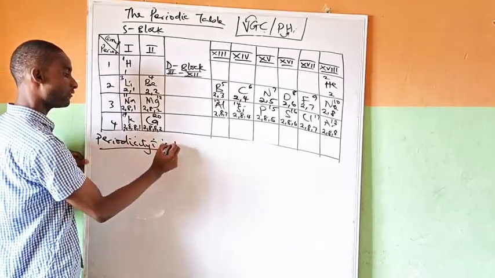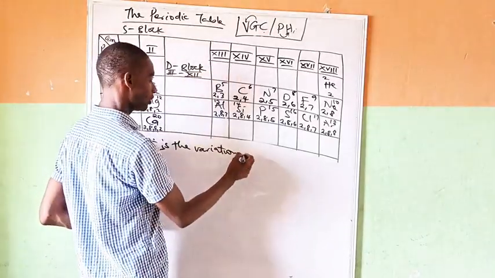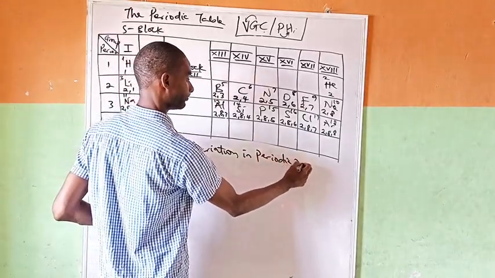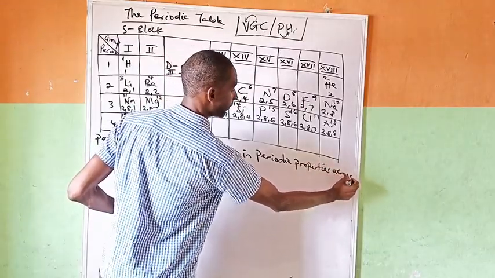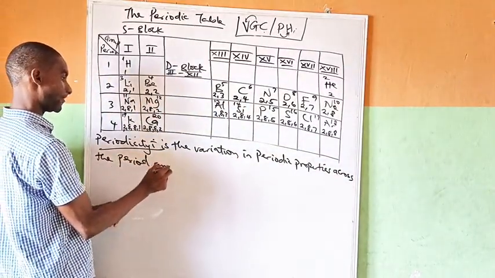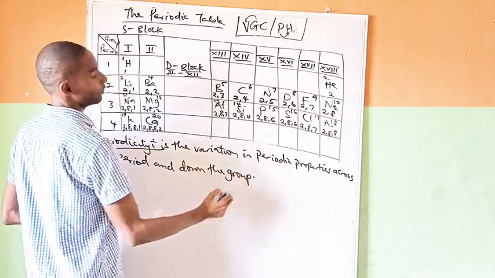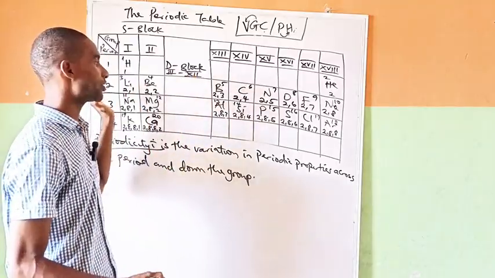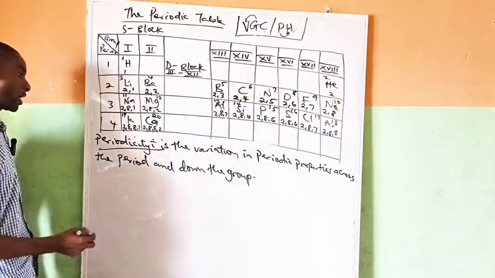Periodicity is simply the variation or changes in periodic properties across the period and down the group. So when you say periodicity, it means how do the periodic properties change across the period? How do they change down the group? That's the meaning of periodicity.